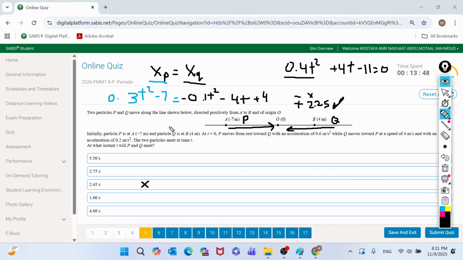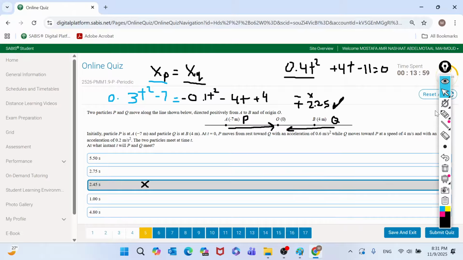But the only way you get 0.2 is if this is positive and you subtract it from this. But this is not positive because Q is moving in the negative direction. So this is the correct answer for this question. I think there's a problem with the quiz. I'm not sure, but I'll let you guys know tomorrow.